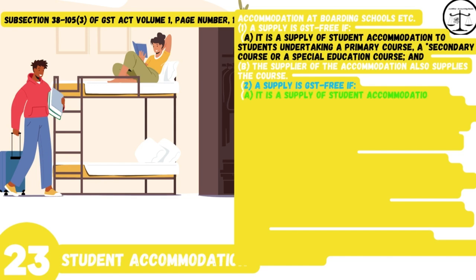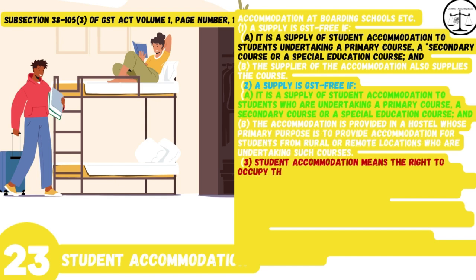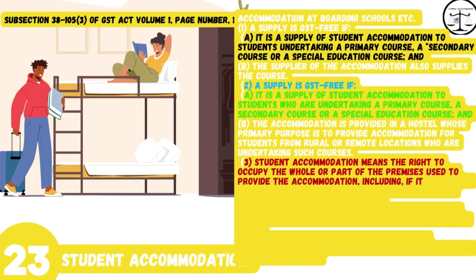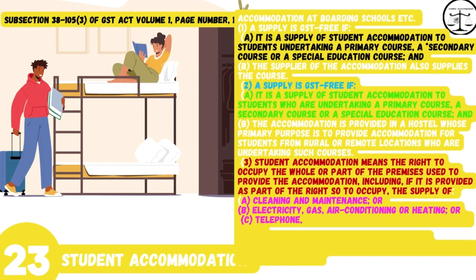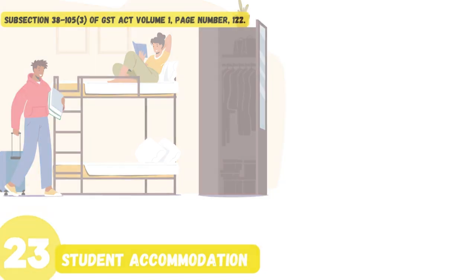1. A supply is GST-free if a. Is a supply of student accommodation to students undertaking a primary course, a secondary course or a special education course, and b. The supplier of the accommodation also supplies the course. 2. A supply is GST-free if a.